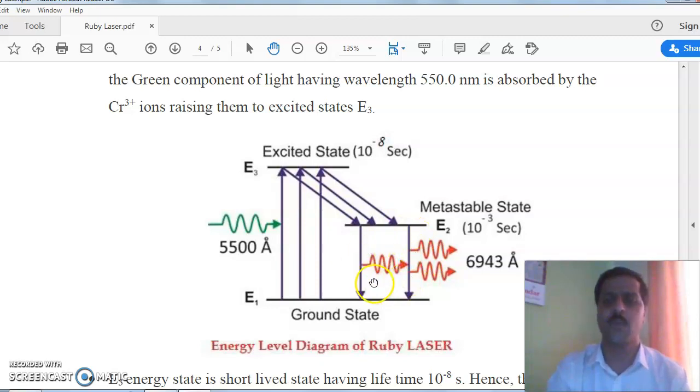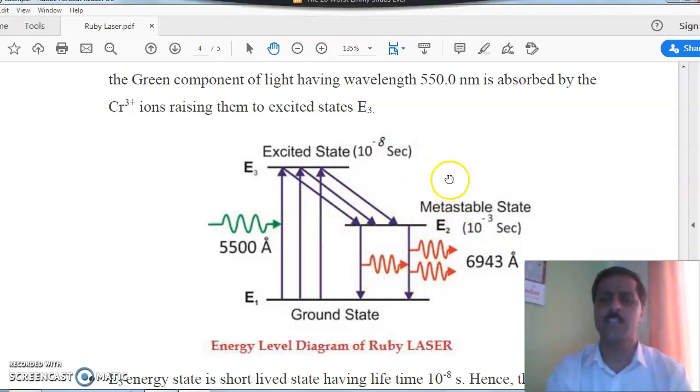So there is a problem that the population inversion is not maintained. After some time the population inversion breaks, and when it breaks, the laser stops for a time of the order of milli to nanoseconds. Again within that time population inversion is achieved and the laser automatically starts, but again it stops. So the output of the ruby laser comes in the form of pulses of milli to nanoseconds. That is the drawback.